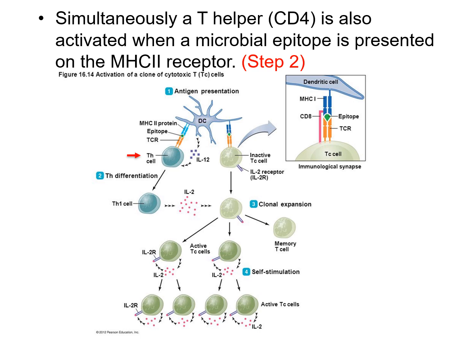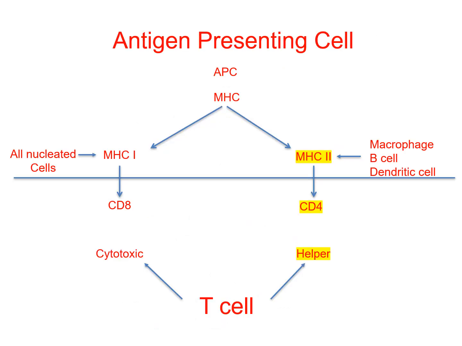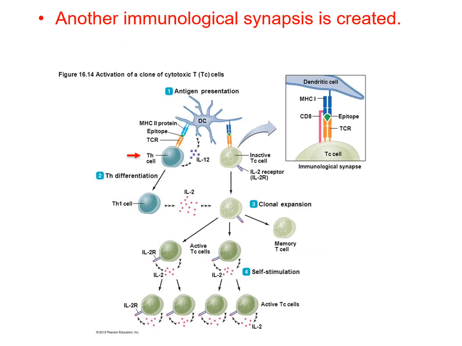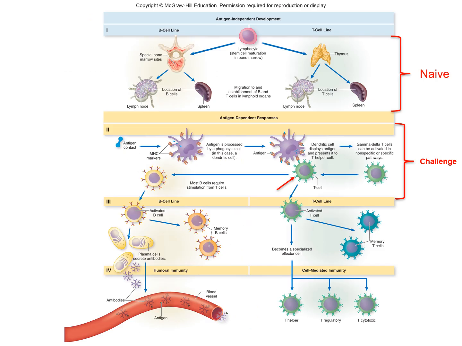And what binds the MHC2 receptor? The helper cell. So another immunological synapse occurs on the left side of the dendritic cell. This is what that looks like. So that immunological synapse is created. So we have just illustrated the challenge.